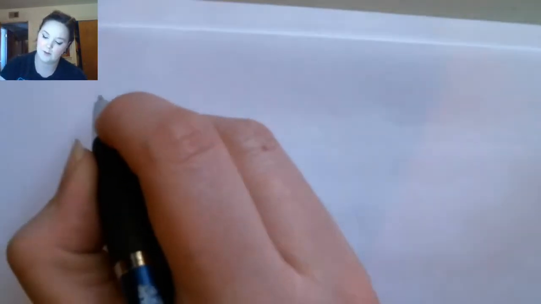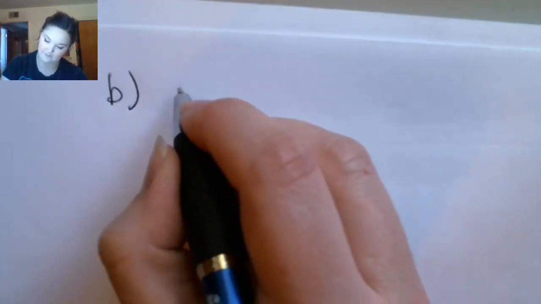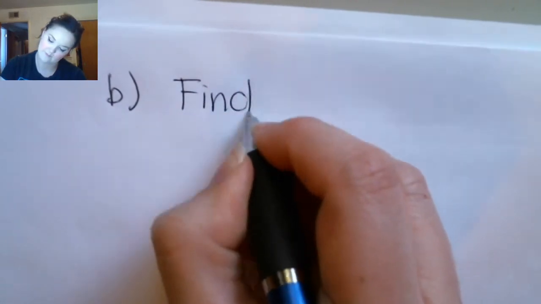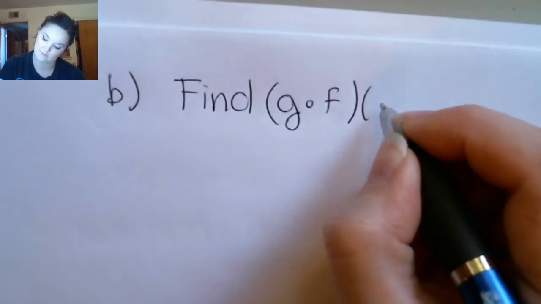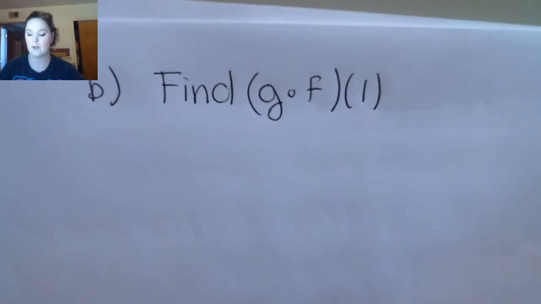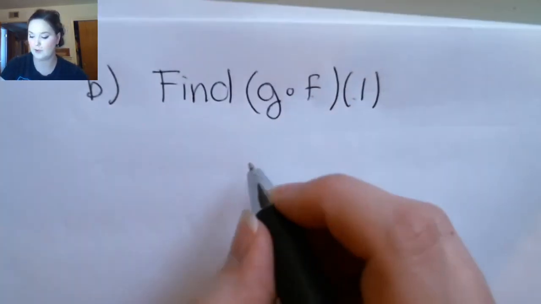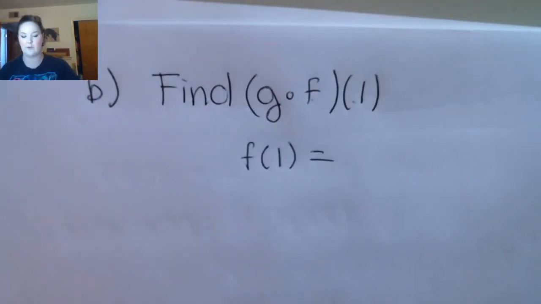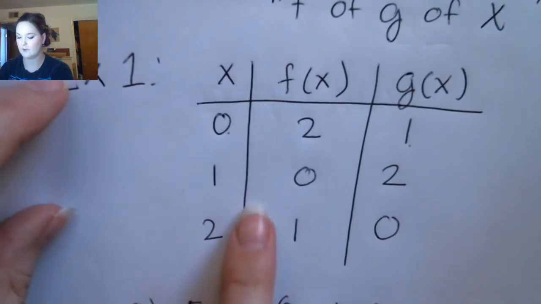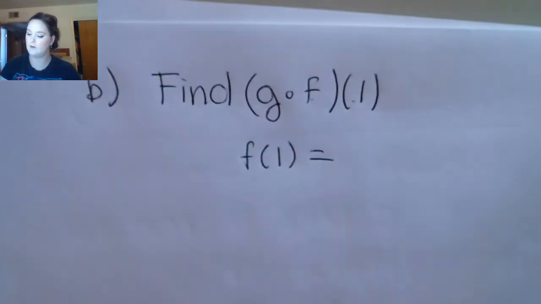We're going to use the same table. Again, you're going to plug into the closer one first. So we're going to find f of 1. If we look at our table of values, at 1, f of x is 0.